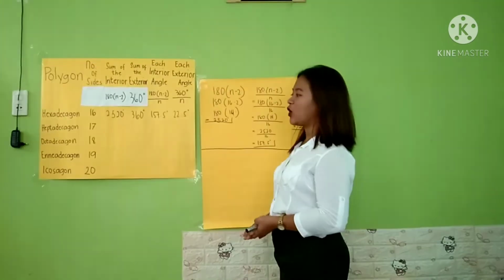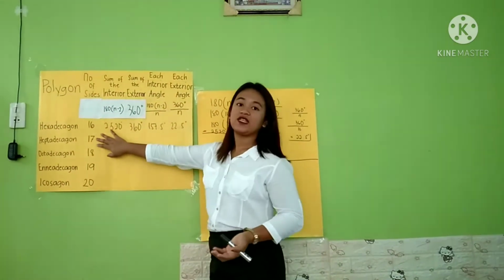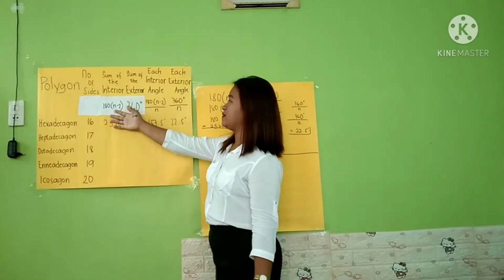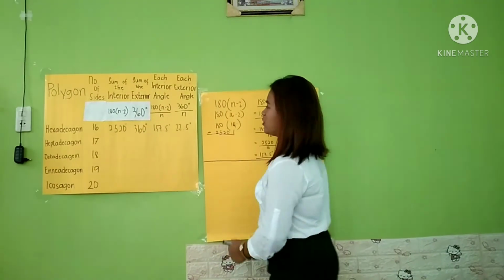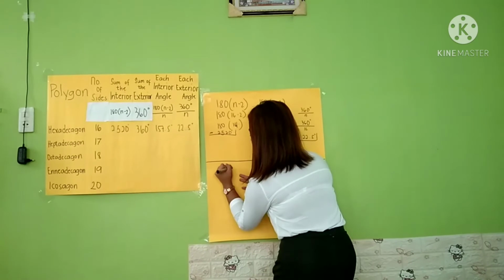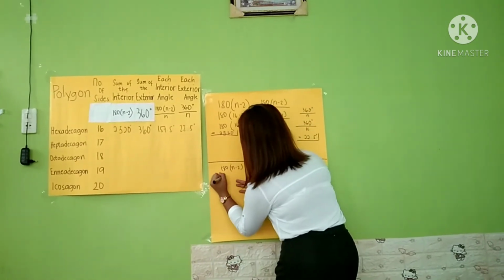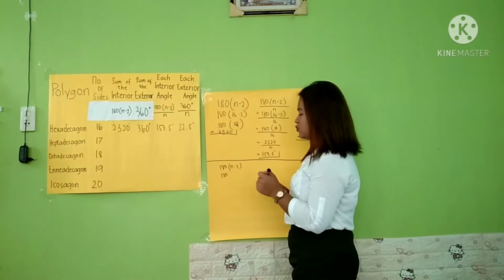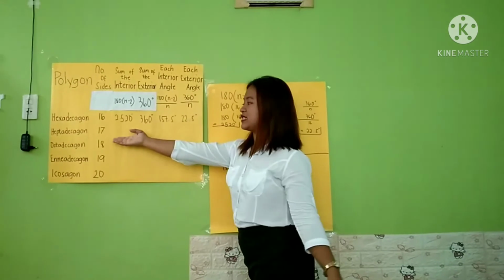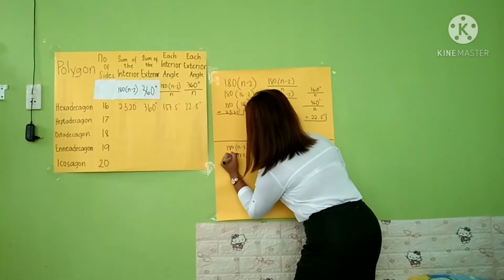Then we will solve the 17 sides. The formula of the sum of the interior angles is also 180(n - 2). n is the number of sides, which is 17. 17 minus 2.